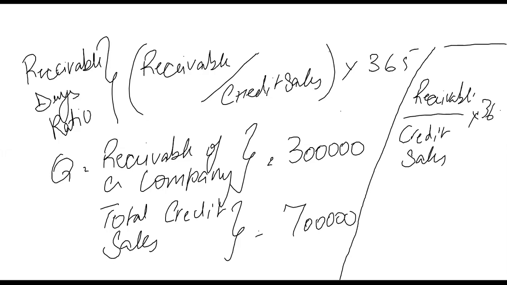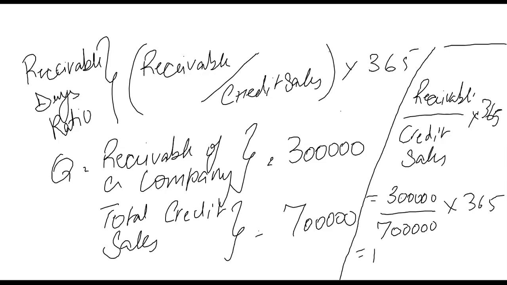So my receivables are 300,000 divided by 700,000 multiplied by 365. Let me calculate this. If I divide 300,000 by 700,000 multiplied by 365, I'm getting an answer of 156 days. On average, it takes 156 days.